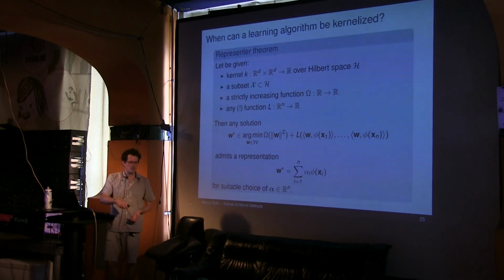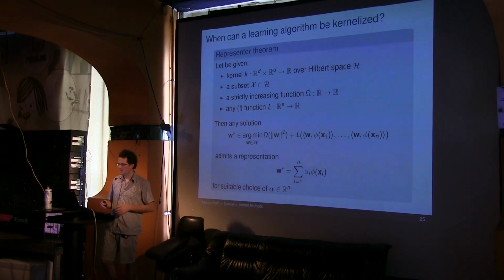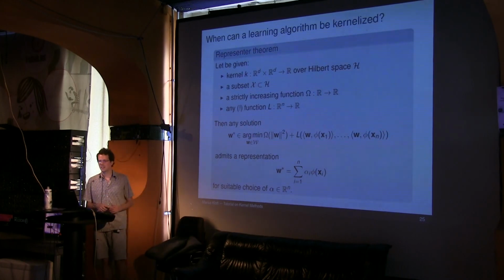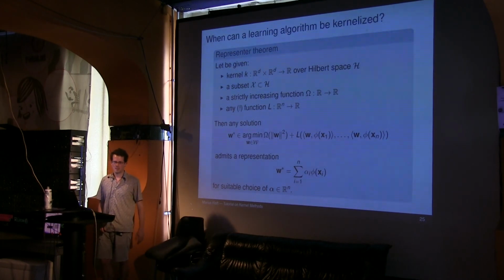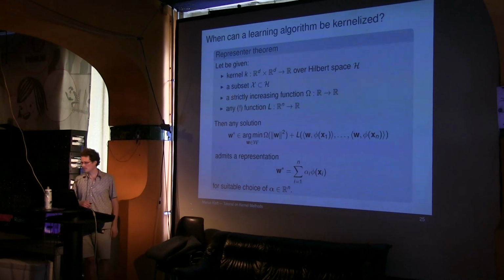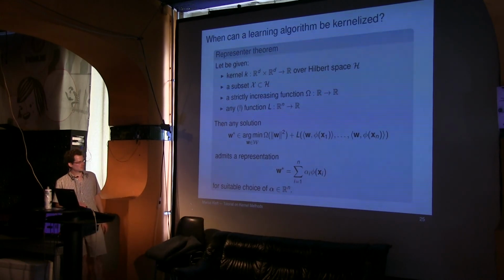So let's say you have come up with a new algorithm, and you think it can be kernelized, but you're not sure. You can check this criterion and write into your paper, okay, it follows from this theorem: my algorithm can actually be expressed as a kernel algorithm.